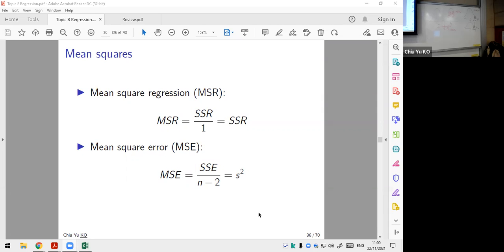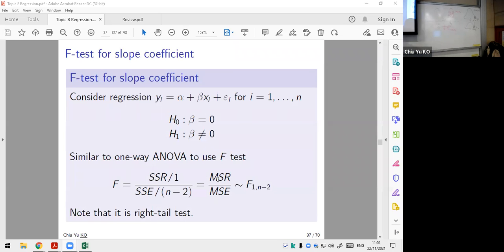If beta is not 0, this will be much bigger than this. So that's why we have a one-tail F test. That is the F test here, the MSR over MSE. Let me repeat the idea: if beta is not 0, the proportion explained must be way bigger than the part not explained.